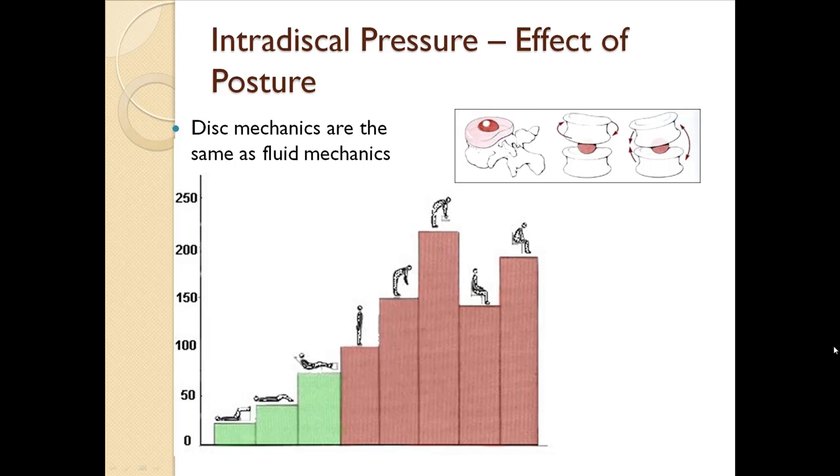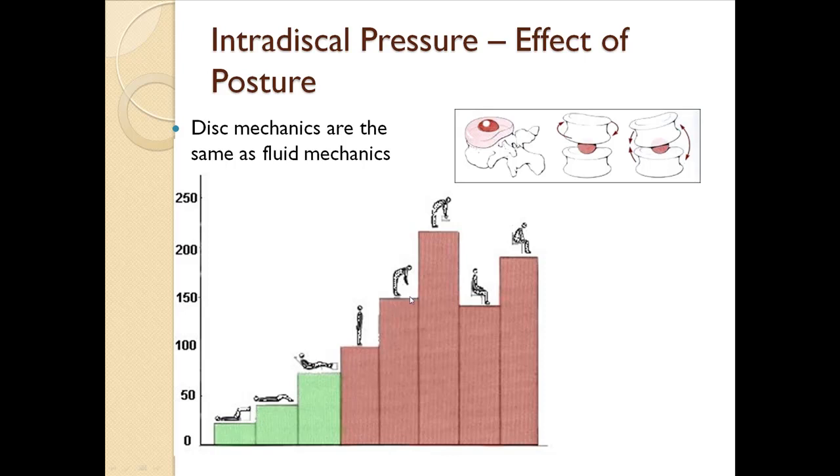Posture has a significant impact on intradiscal pressure. If this is our man standing with 100% pressure on the disc, if we go into a recumbent position or lying down with our legs bent up, it significantly reduces intradiscal pressure.